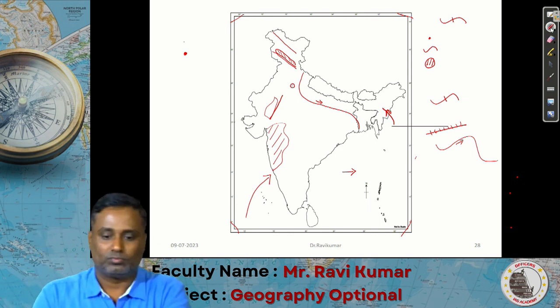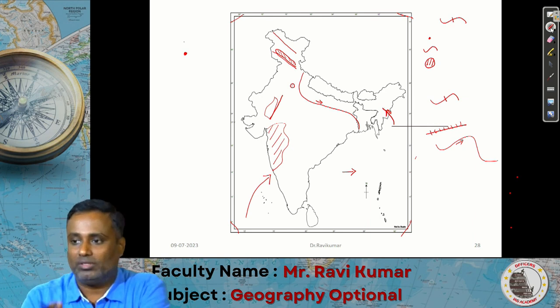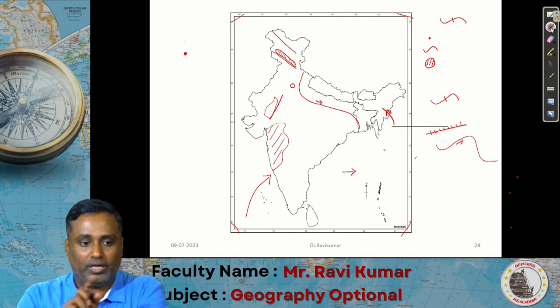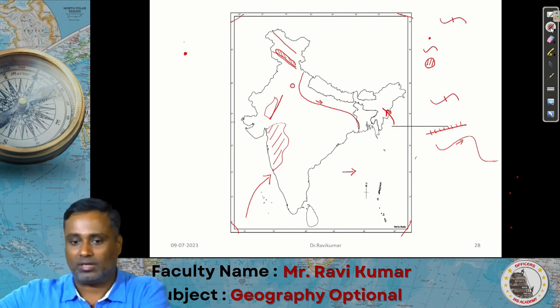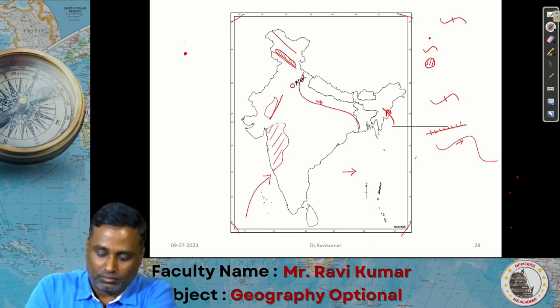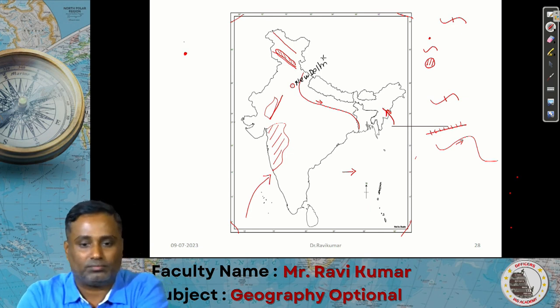Second, very important thing: whenever writing something for a dot feature, you should write everything in an exactly horizontal direction. Suppose I write New Delhi like this, you will not get even half a mark for this answer.